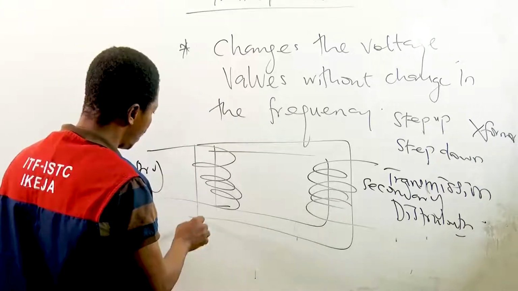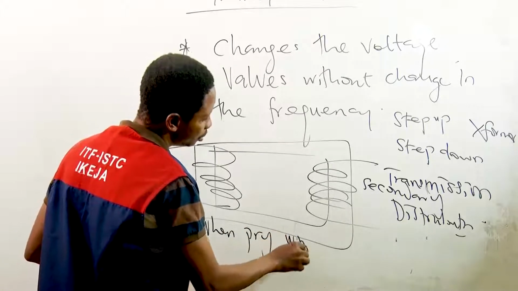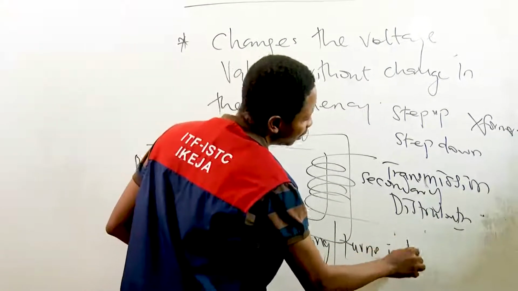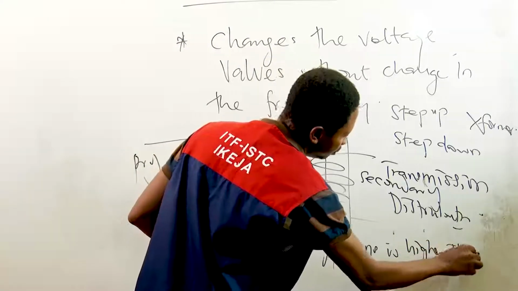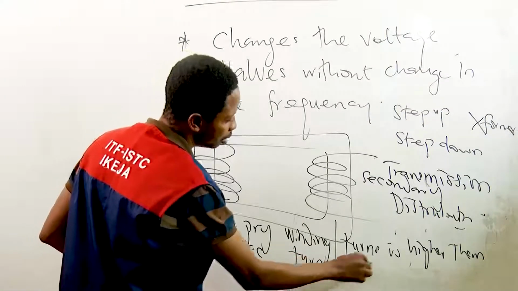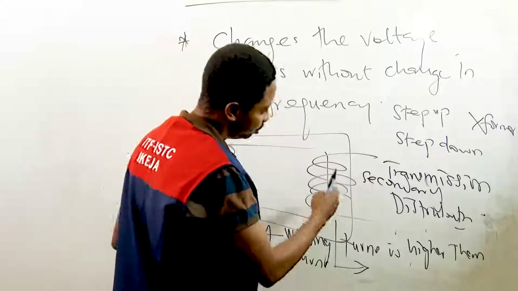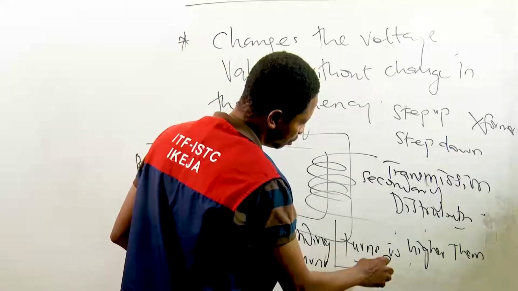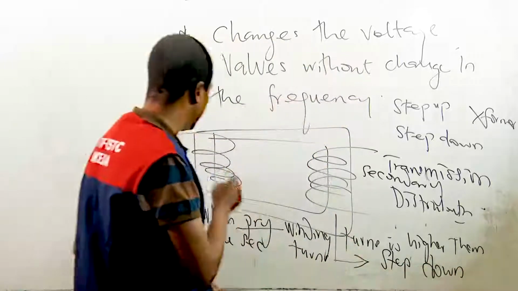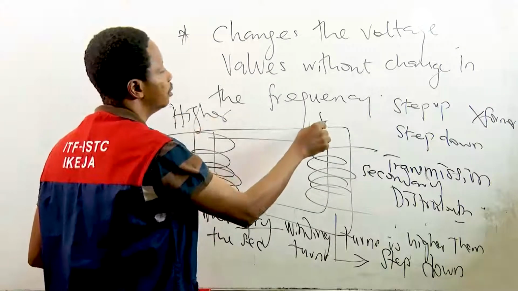When the primary windings, or sometimes turns, is higher than the secondary turns or windings, we have what we call step down.